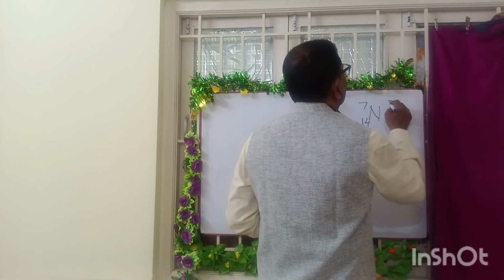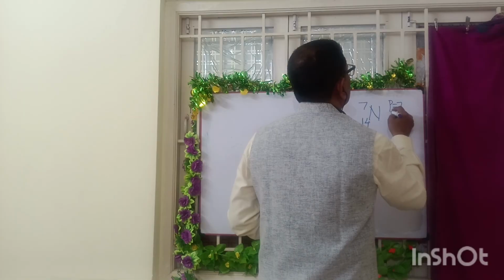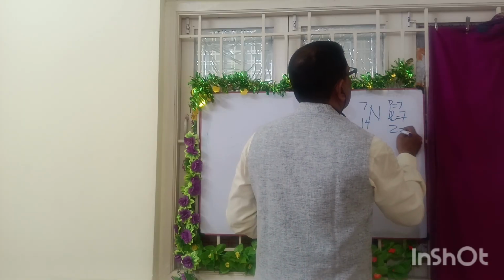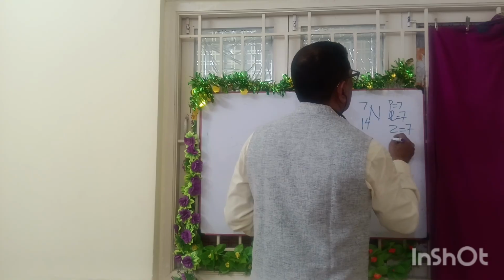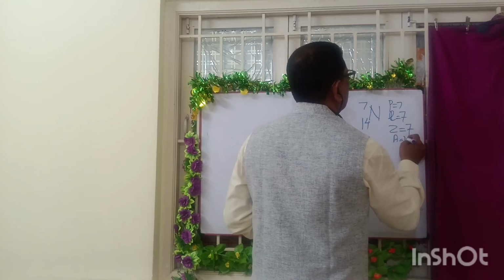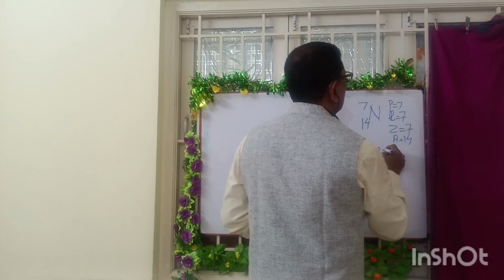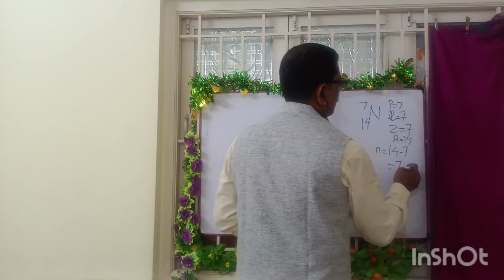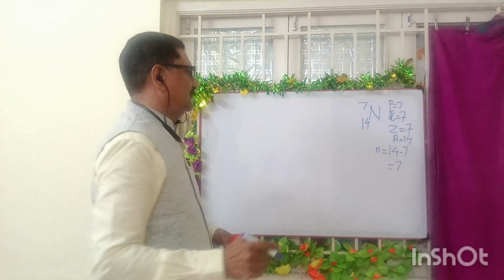So P is equal to 7, E is equal to 7, Z is equal to 7, A is equal to 14. So neutron is equal to 14 minus 7, that is 7. So 7, 7, 7.